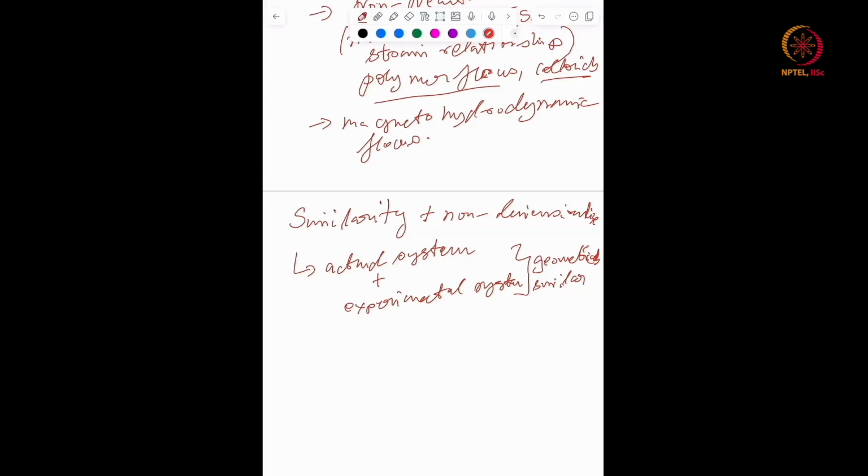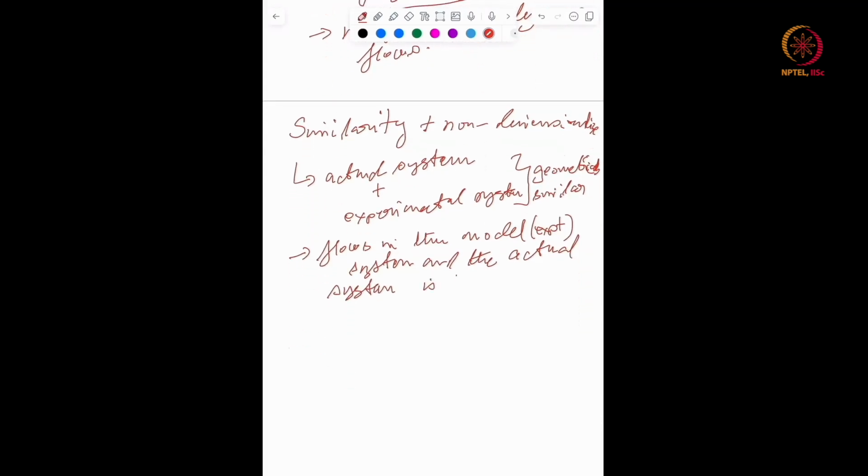In addition, the flows in the model of the experimental system and the actual system are kinematically similar.